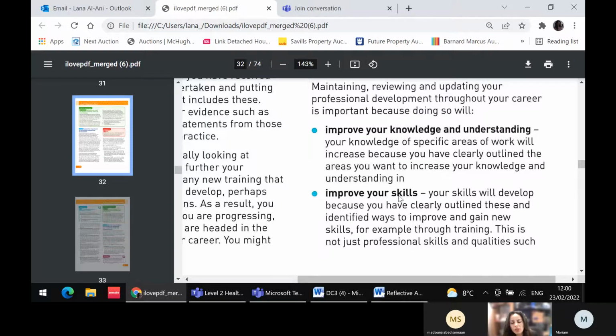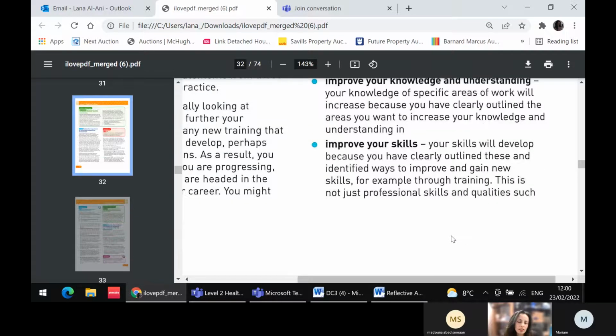and that's in a specific area where I get more training, which will give me a better understanding of these areas in the workplace. Also, it will improve my skills, because me getting extra training will give me a clear outline, identifying the way in which I can improve my work and gain new skills.